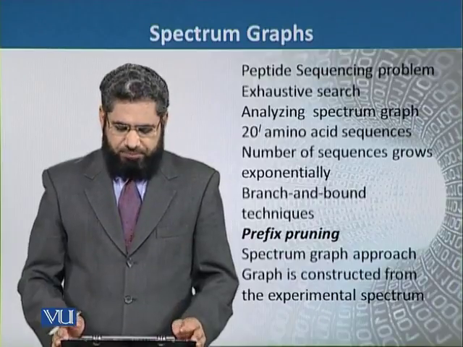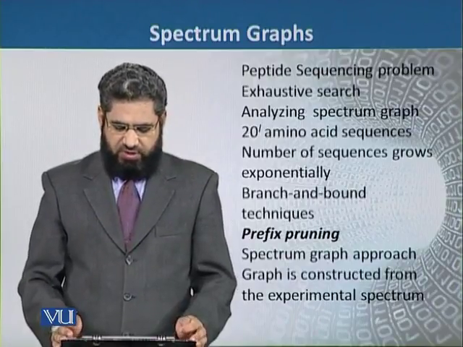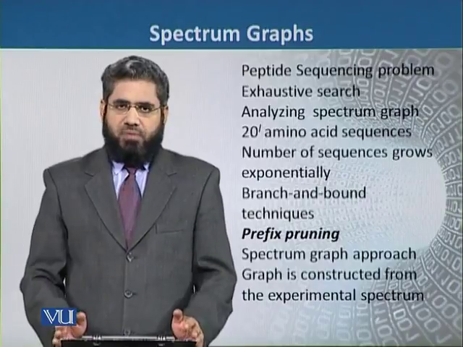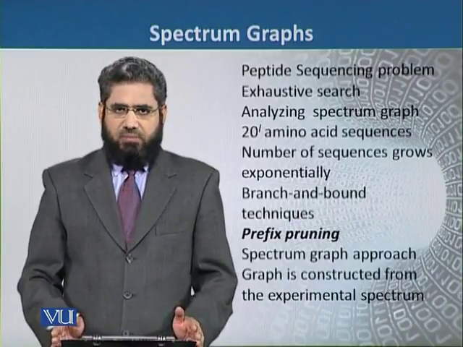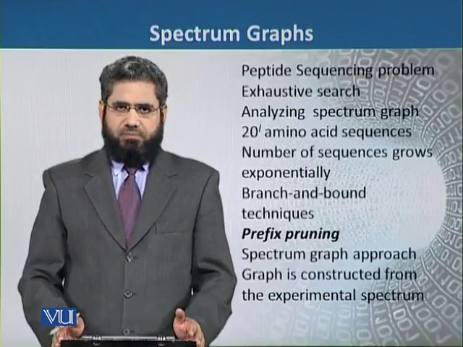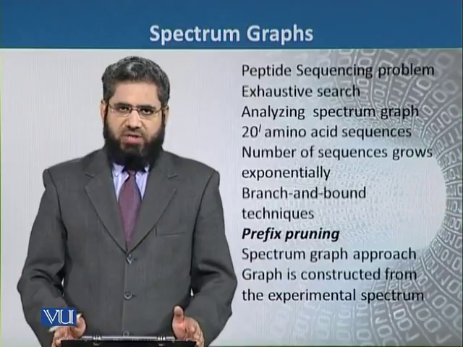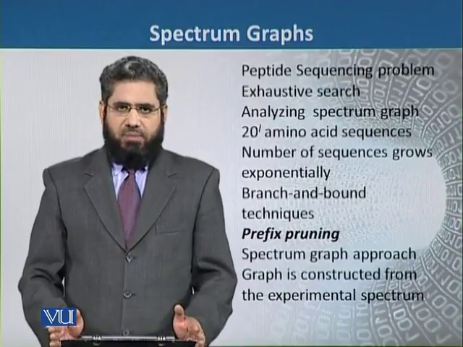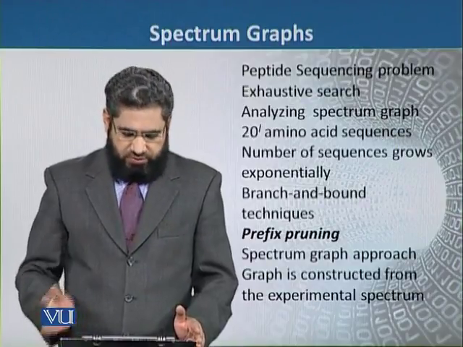The second technique is known as the spectrum graph approach. In this approach, the different types of peptides are not generated; rather, a graph is plotted and generated by using the data of the experimental spectrum.